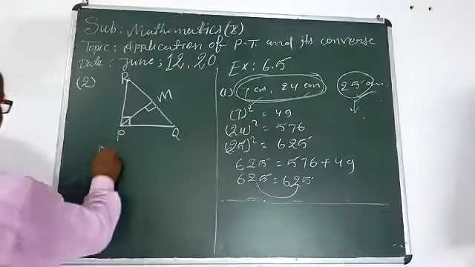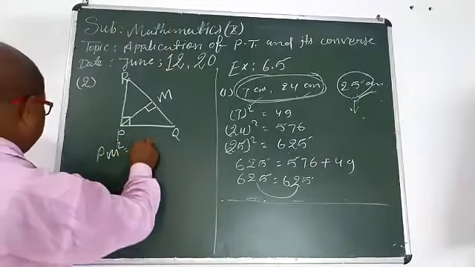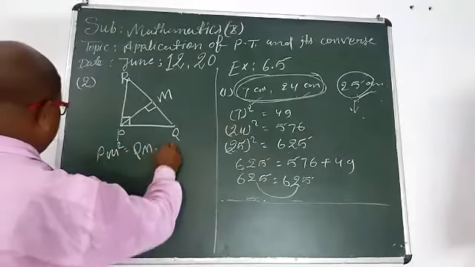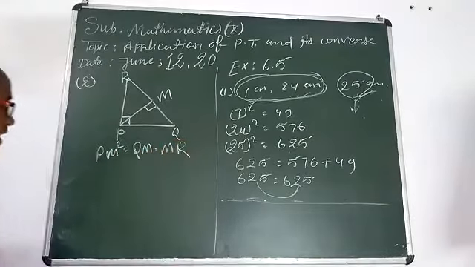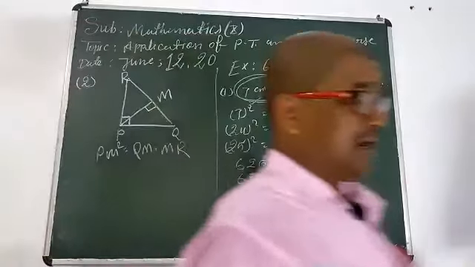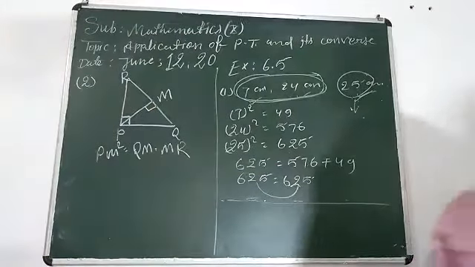Then show that PM square equals QM into MR.